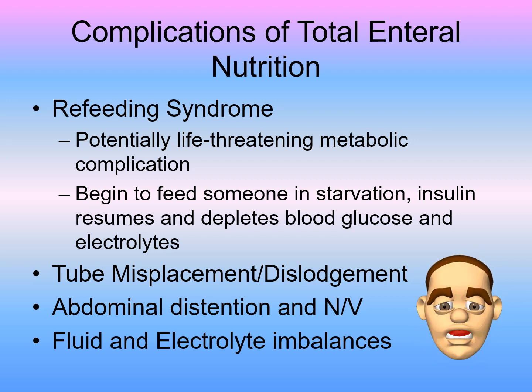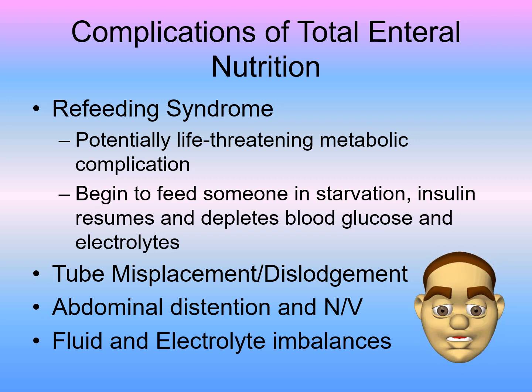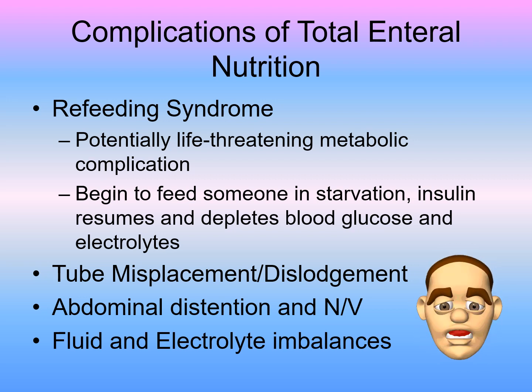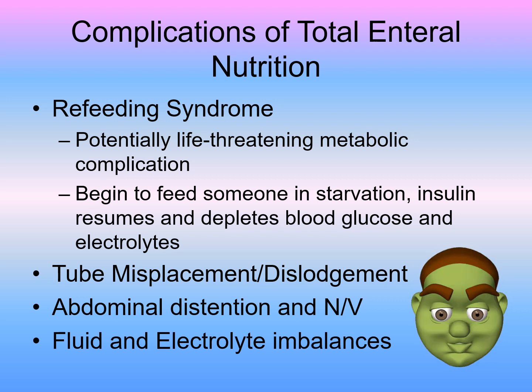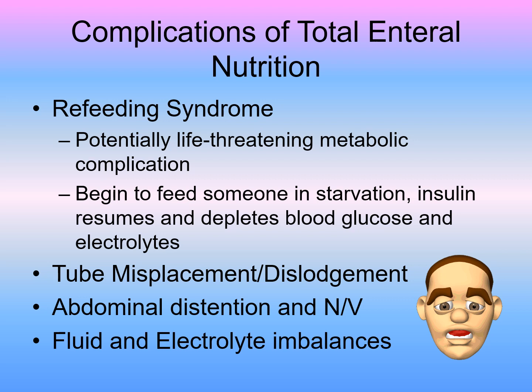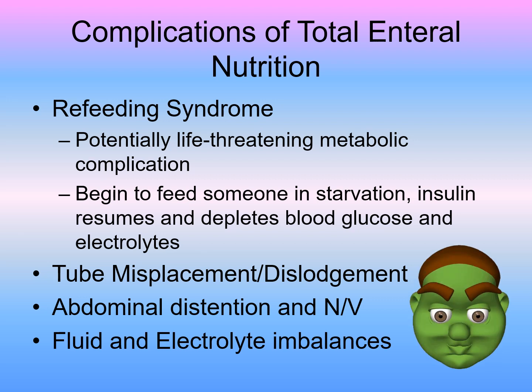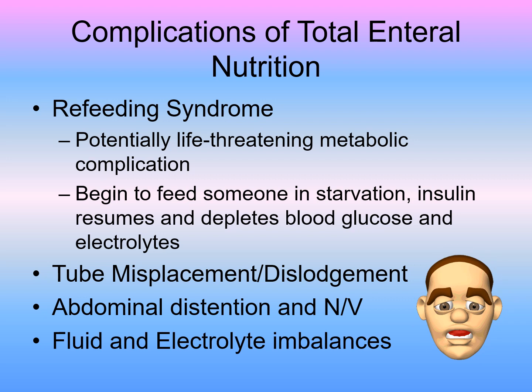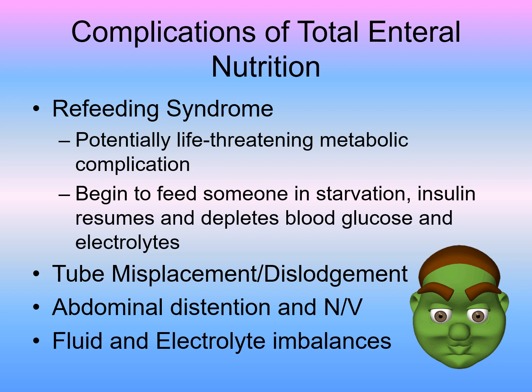Next thing on the agenda here is refeeding syndrome. So this is a potentially life-threatening metabolic complication. Refeeding syndrome happens when we find somebody that is very malnourished or starving, and we decide that we're going to give them a lot to eat.